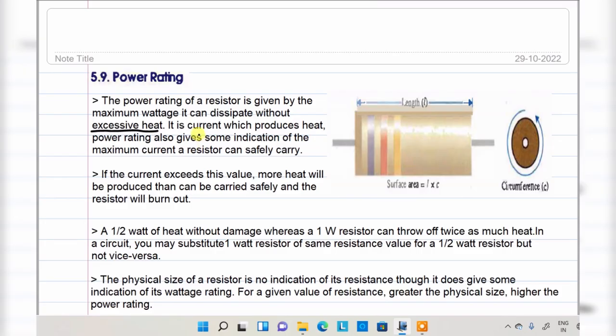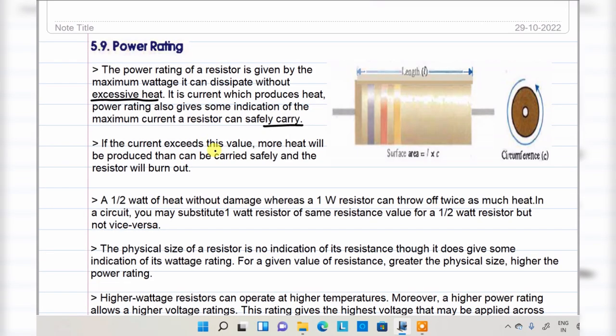Since current produces heat, the power rating also gives an indication of the maximum current a resistor can safely carry. That means it can safely carry the current while the heat produced stays within the limits.